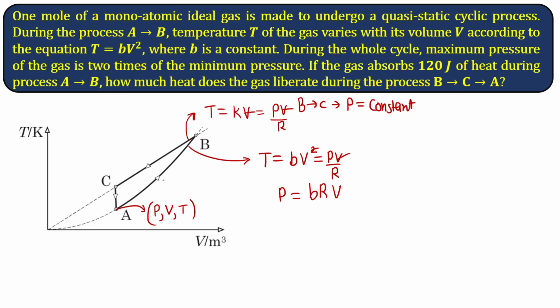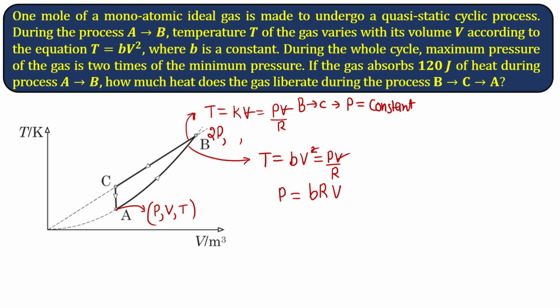It was given that the ratio of maximum to minimum pressure is 2. So the minimum pressure is at point A, so the maximum pressure will of course be twice the pressure at point A. So we know the pressure at point B is going to be 2P. We don't know the volume here, we don't know the temperature here, but we can calculate it very easily. From A to B, the process is basically pressure directly proportional to volume.